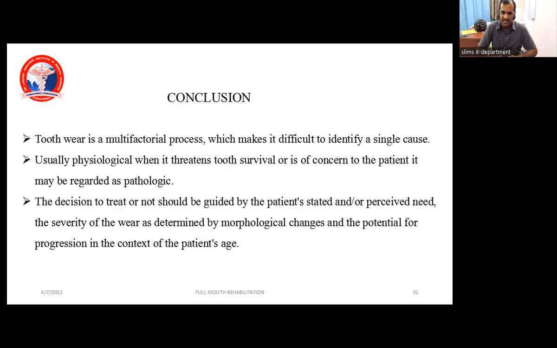The severity of the occlusal wear and the symptoms that are usually associated, mostly early morning headache, craniofacial pain, tenderness or pain in the temporomandibular region, and severe sensitivity. These four form the major symptoms the patient elicits, and these should be taken into consideration before venturing into any reconstructive techniques.